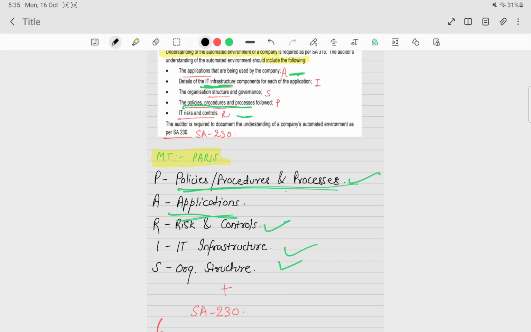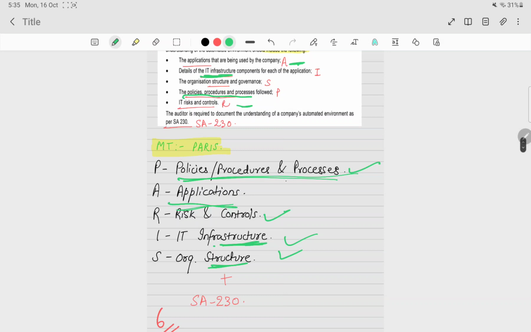You can connect also. See, here also I was ending on structure. Let me underline. Here also I was ending on structure, and here also S ends for structure. So this way you can connect and learn also.